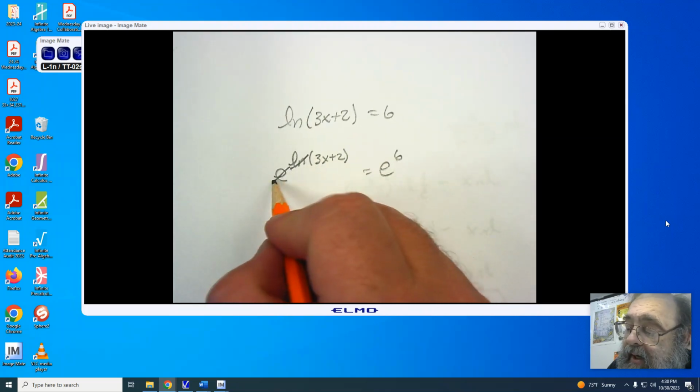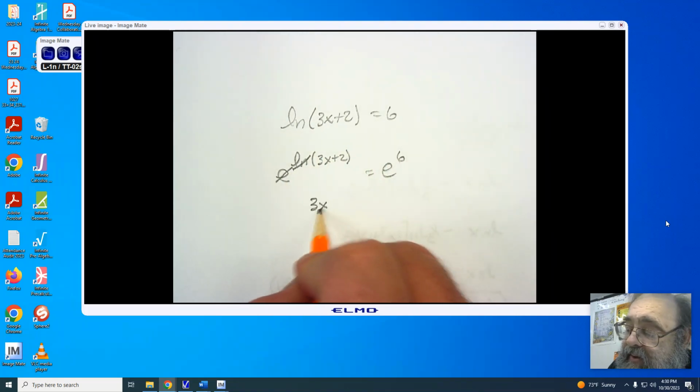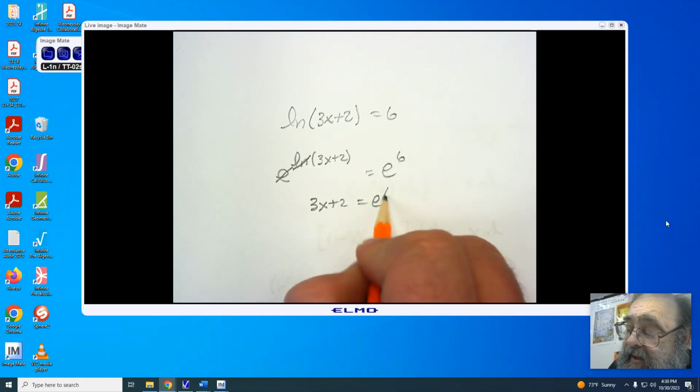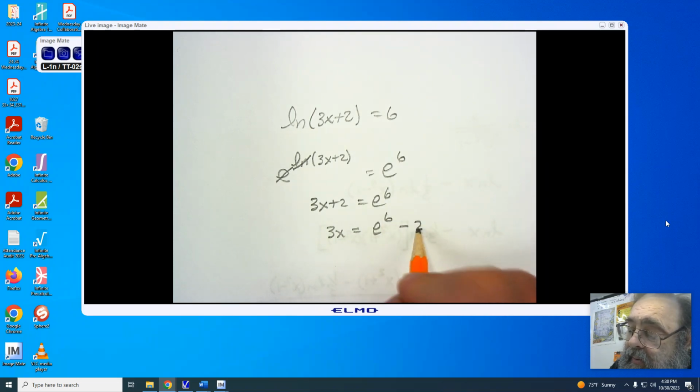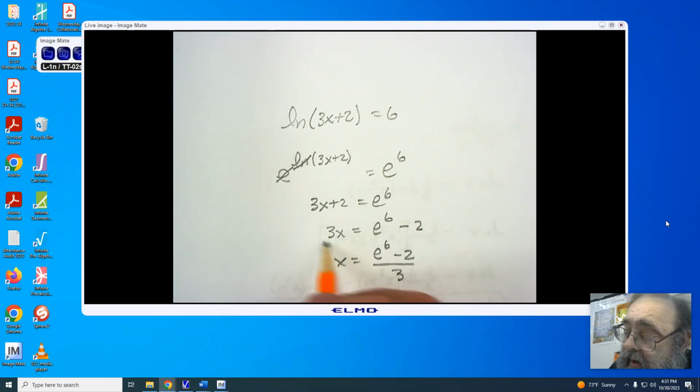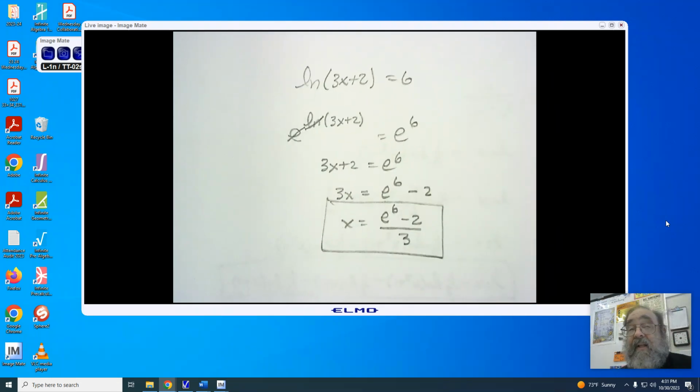The natural log and e will cancel, leaving me with 3x plus 2 equals e to the 6th, which means that I have 3x equals e to the 6 minus 2, and I finish by dividing by 3. E to the 6 minus 2 divided by 3. And that's my answer.